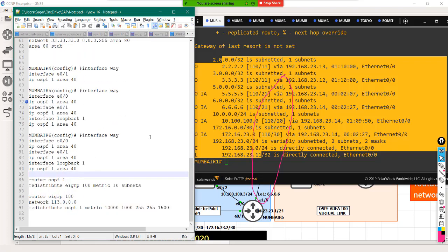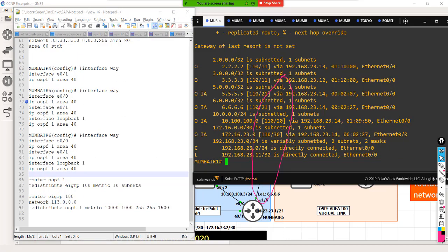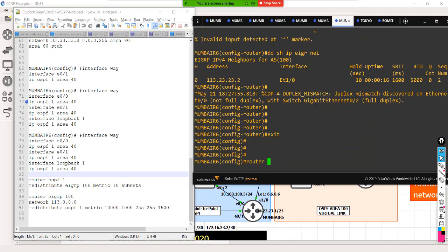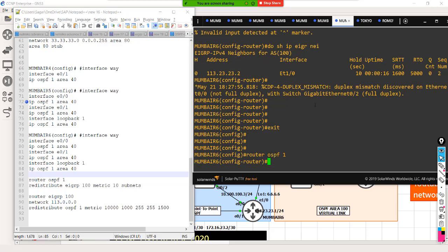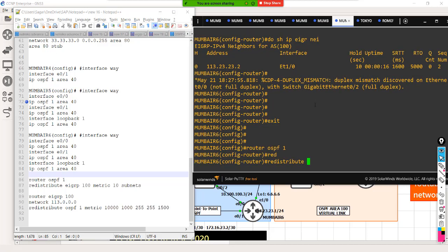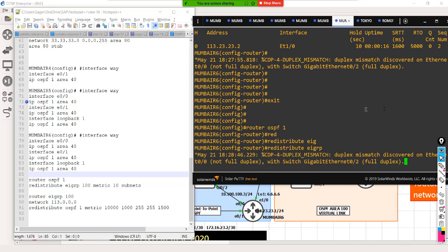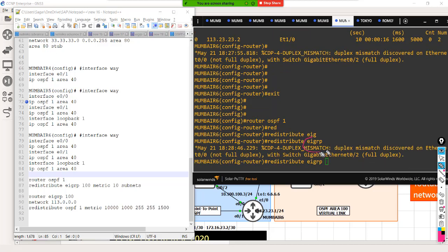Let me tell you. In the case of the ASBR router, in my case it is the Mumbai 6 router. First I go to the OSPF process, router ospf 1, and here I am going to inject the EIGRP routes. While injecting EIGRP routes, I make sure these EIGRP routes take the standard of OSPF.